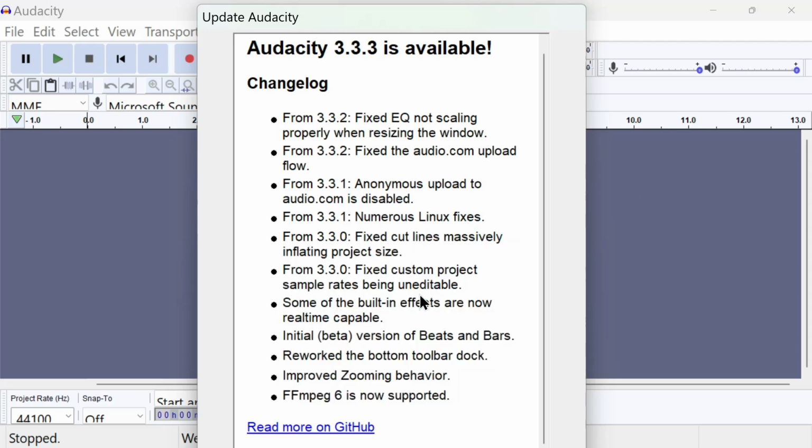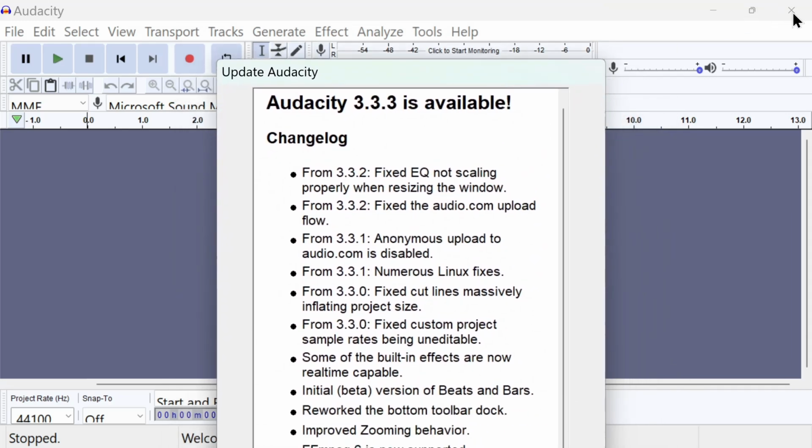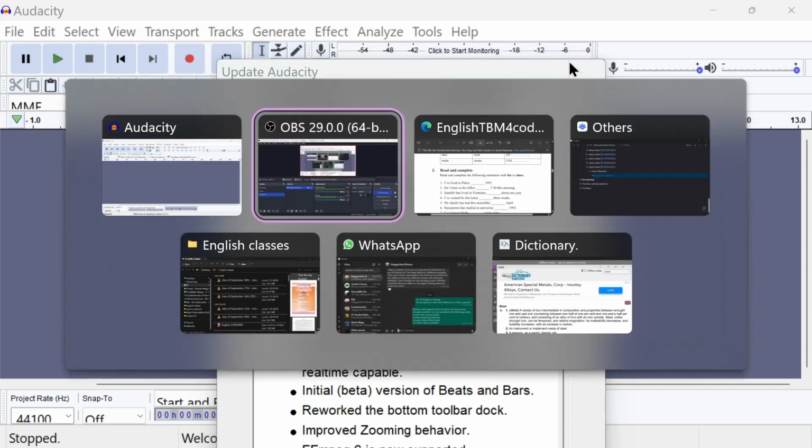This whole thing, maybe like this. But next time I open it, it will show again.